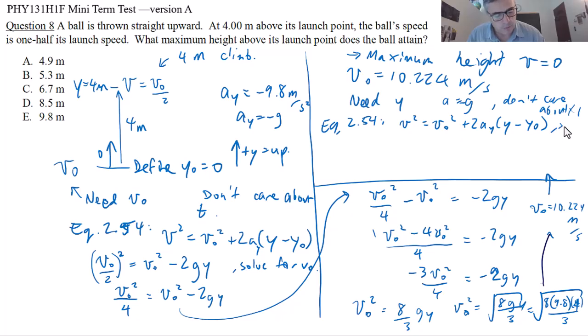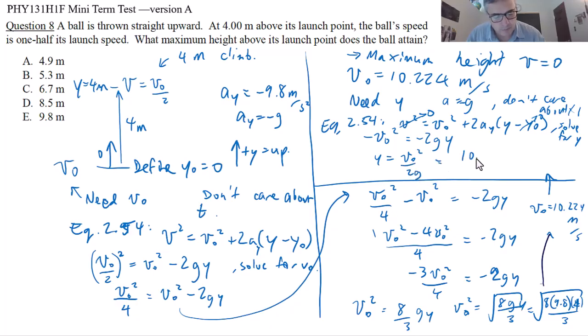And we're going to solve for y. Remember, v is 0, so we've just got 0 equals v0 squared minus 2g times y, and this one is 0 as well. And then I get y is equal to v0 squared over 2g.